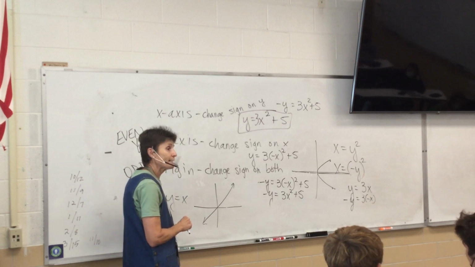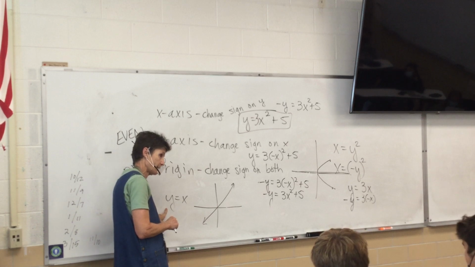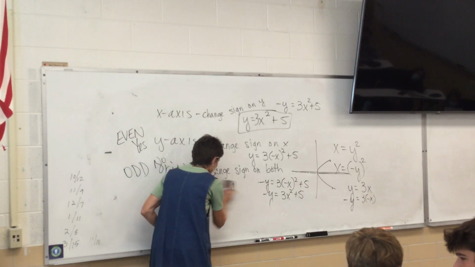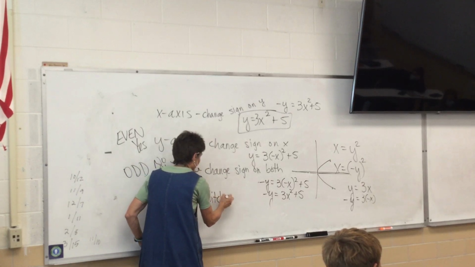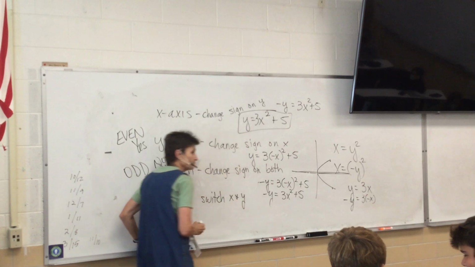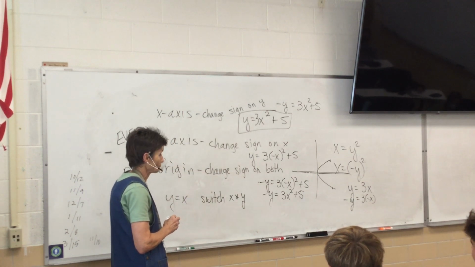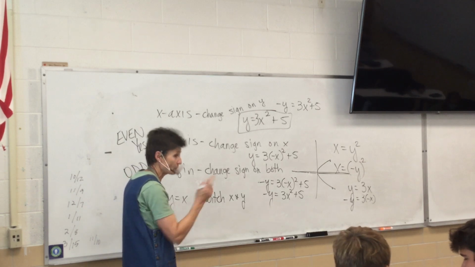All right, and finally, we're testing for symmetry about the identity line. To do that test, this is the identity line. We simply switch x and y. What do you switch x and y to do? You interchange them.